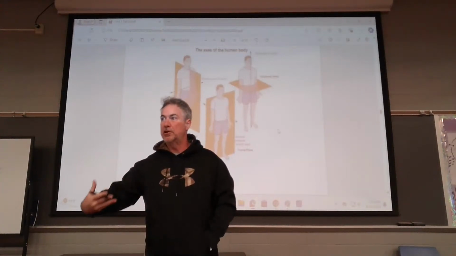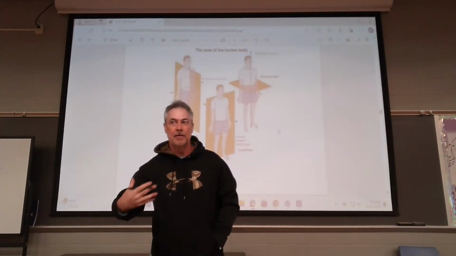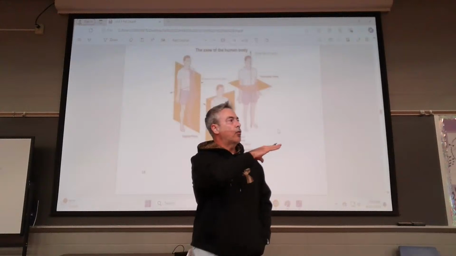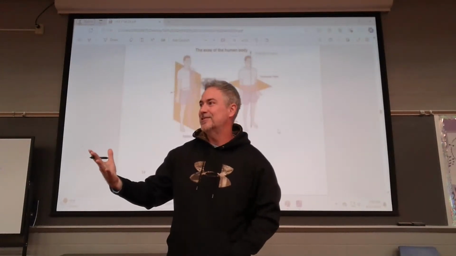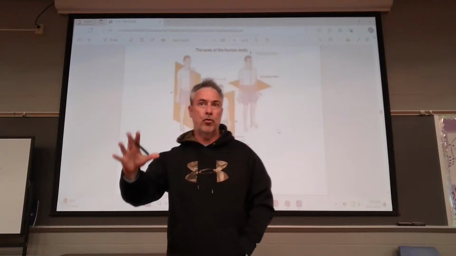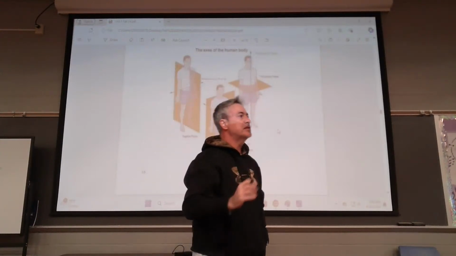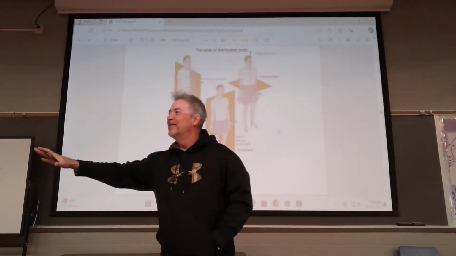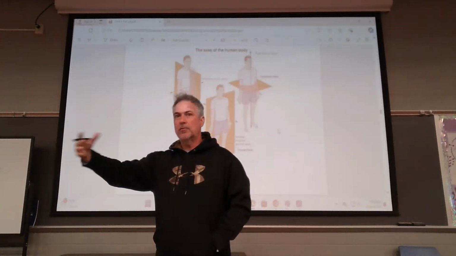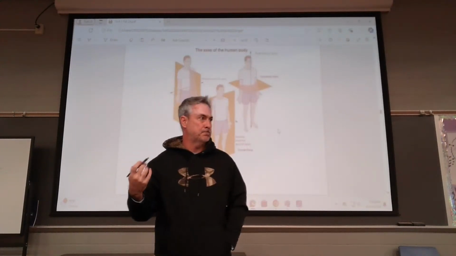Internal rotation, medial rotation. It's the same thing. It's important, though, that we are on the same page about what we call things so that there's no miscommunication. Even if in the clinic we say this, that's awesome, but we have to be uniform for testing and application purposes on what we call things, okay?